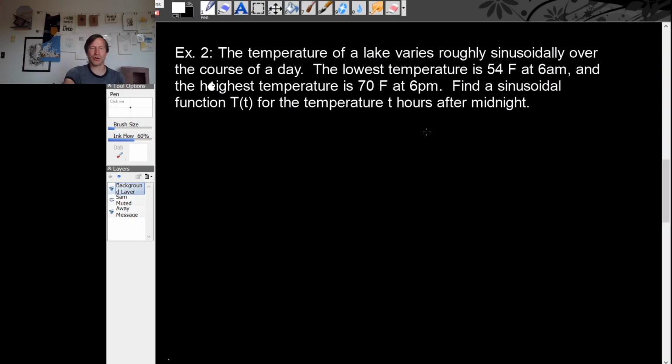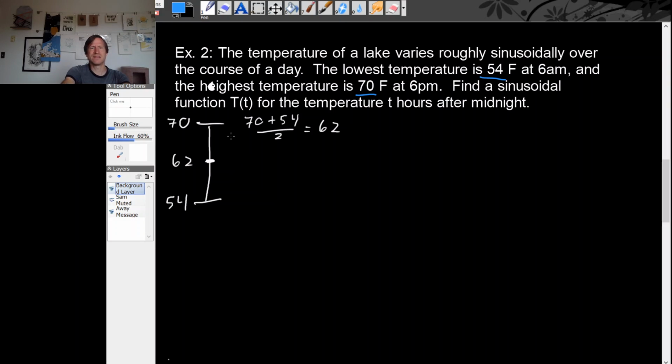All right, so let's do the same sort of analysis. We are going from 54 degrees up to 70 degrees. That's going to look like this, from 54 up to 70. And the midpoint, you might need to calculate by just averaging these two temperatures, and you're going to get 62 degrees.